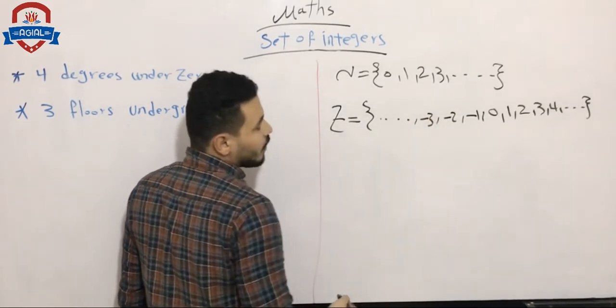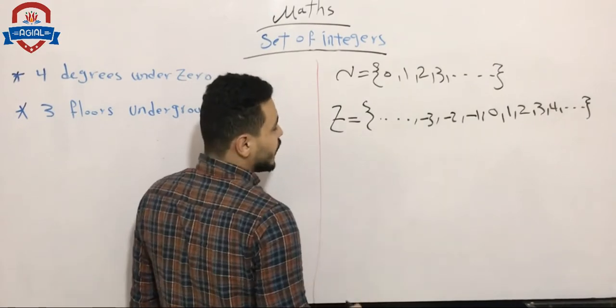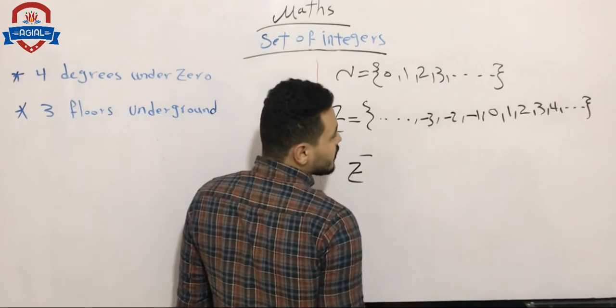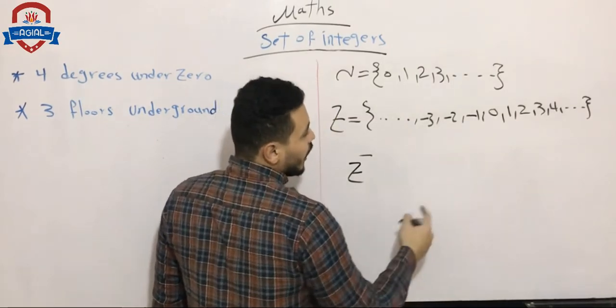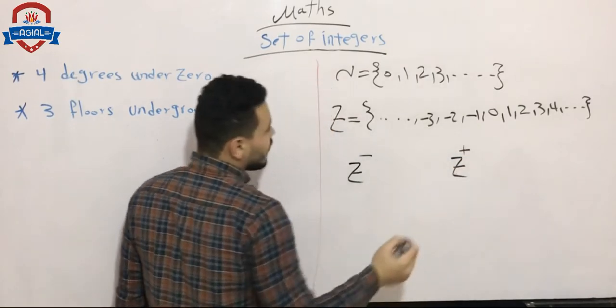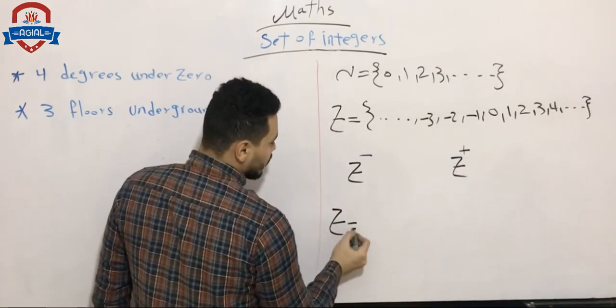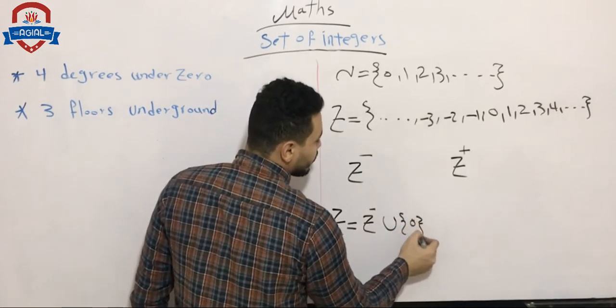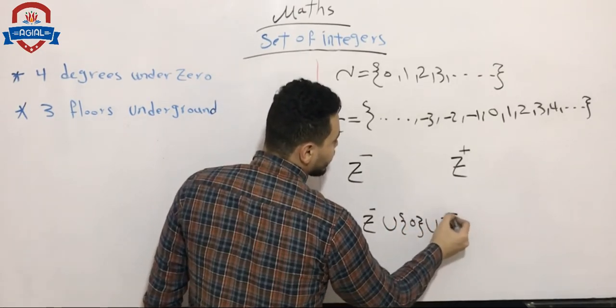Negative whole numbers are called negative integers and are denoted by negative Z. Positive whole numbers are called positive integers and are denoted by positive Z. So the set Z equals negative Z union the set 0 union positive Z.